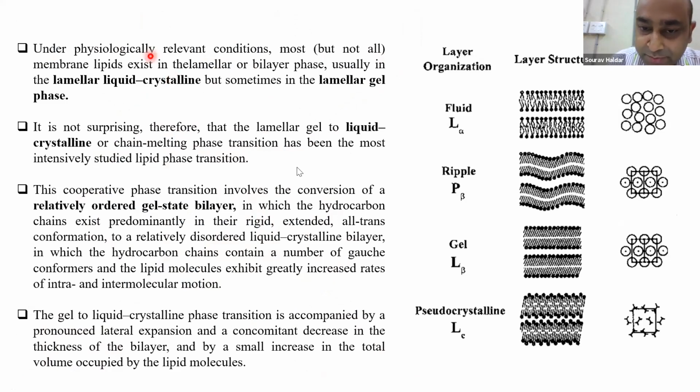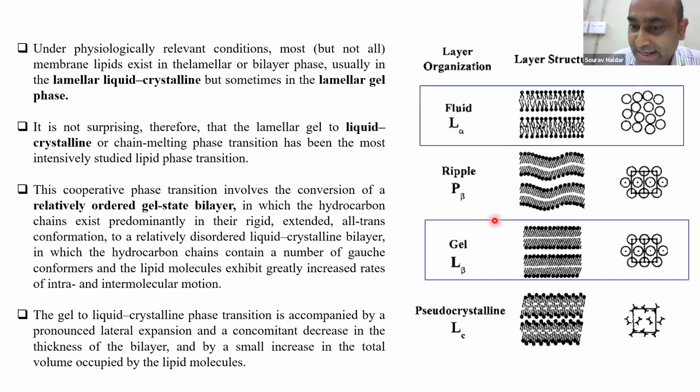I just wanted to briefly touch upon one structural aspect of the lipid membrane, and that will be my last slide today, and that is the phase of the lipid. Mostly the lipids in the bilayer are organized in what is called the L-alpha phase, or sometimes it is known as the fluid phase.